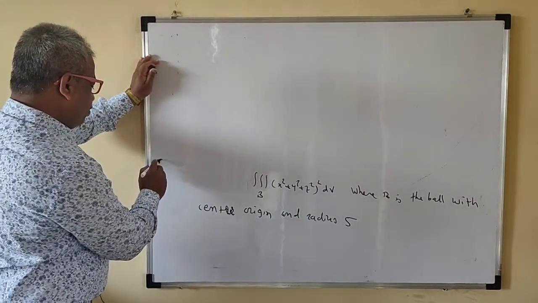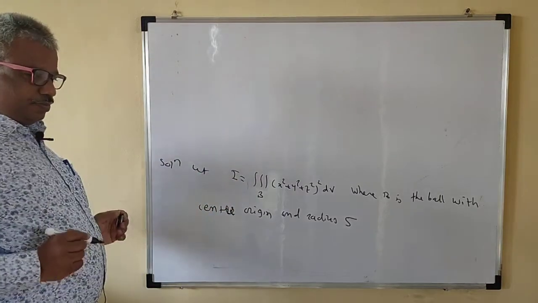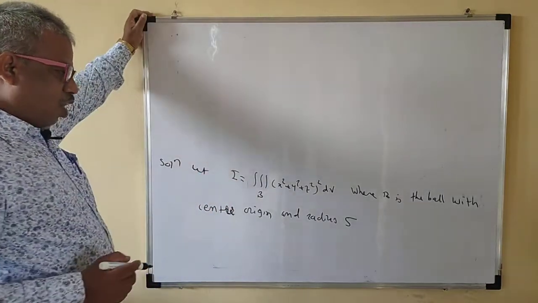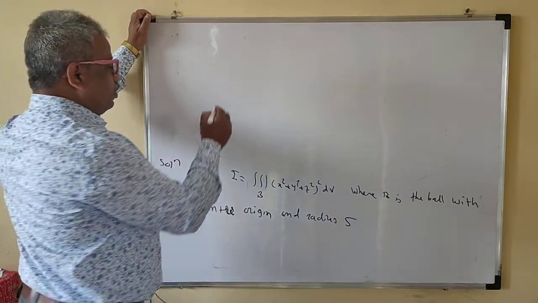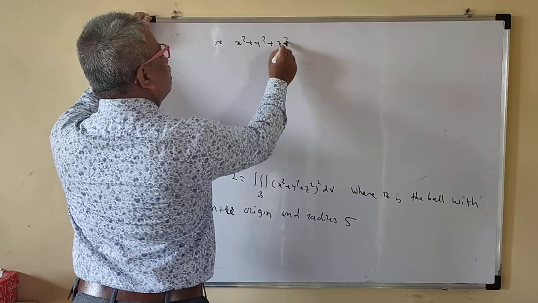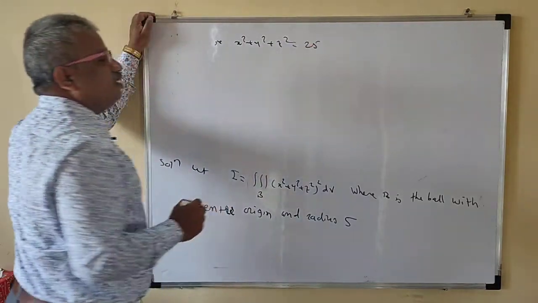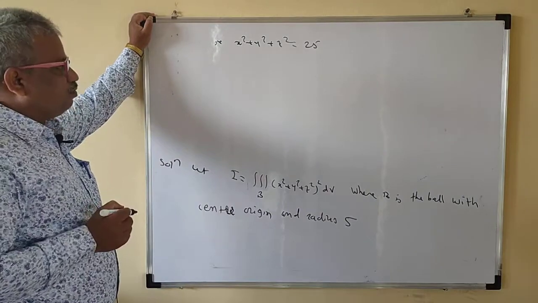Solution. Let the integral be I. B is the ball with center at origin. That means x square plus y square plus z square is equal to the radius square, which is 25. So we have this sphere.